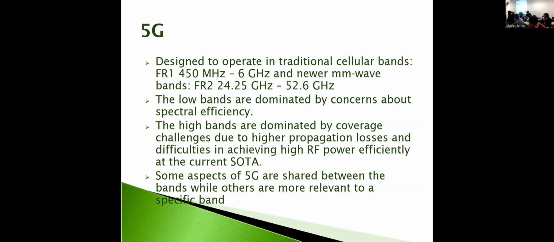And we've got to change our antennas, we've got to change our power amplifiers, all that. So it's the challenge of achieving high RF power efficiently at the current state of the art to overcome these higher propagation losses.